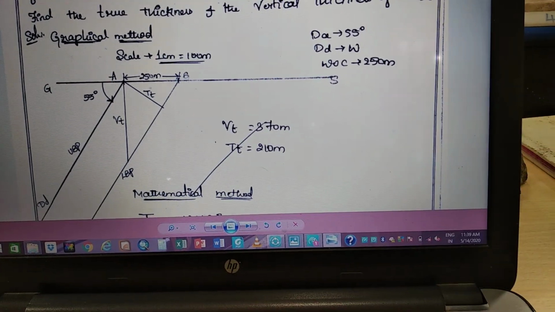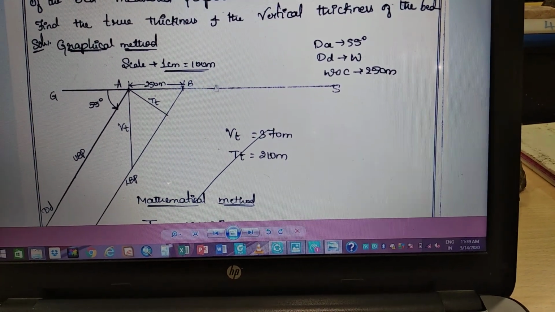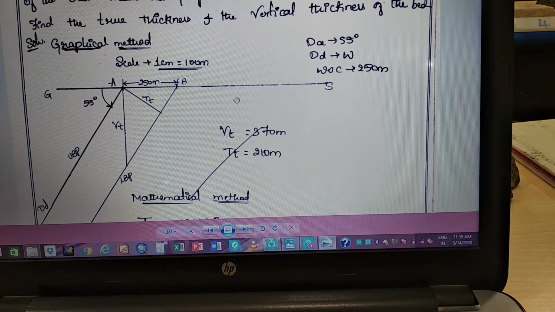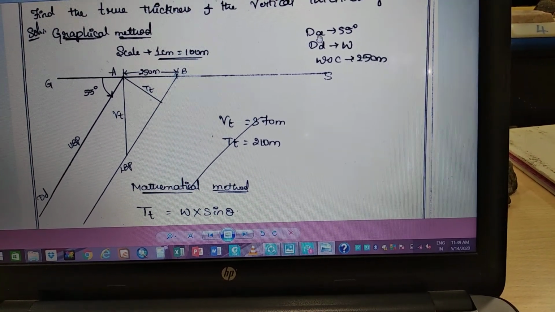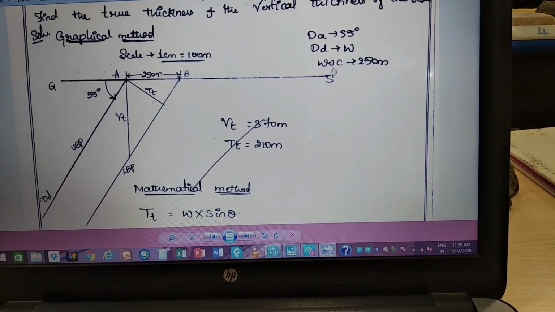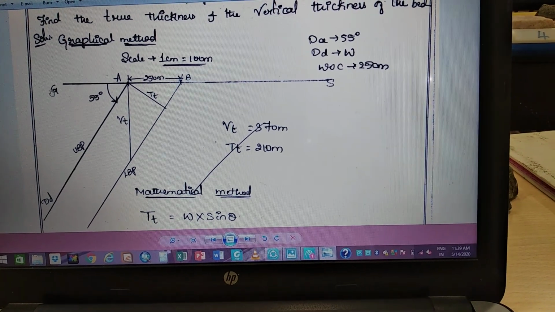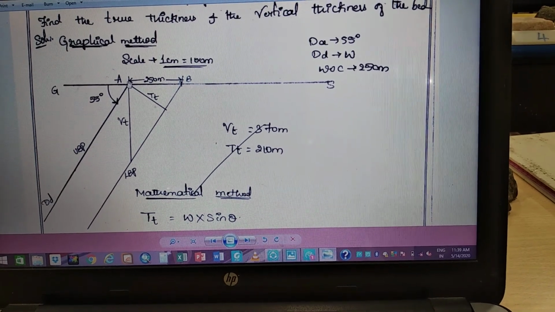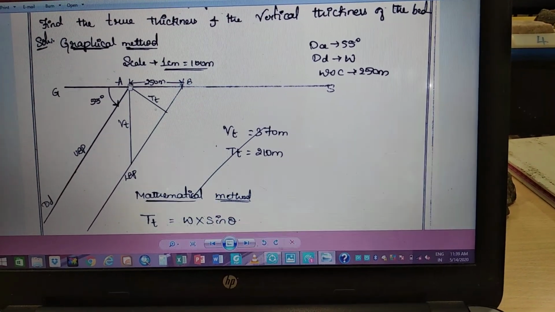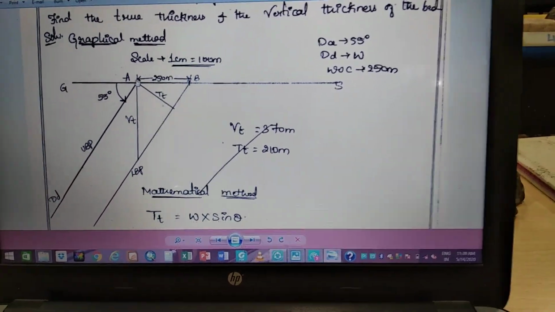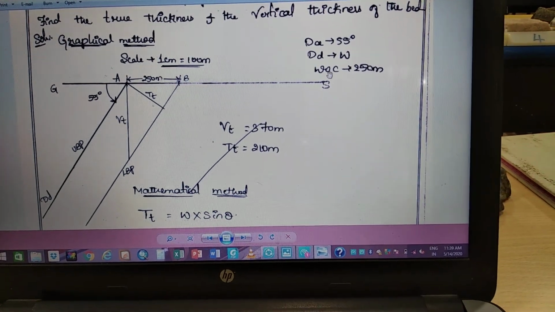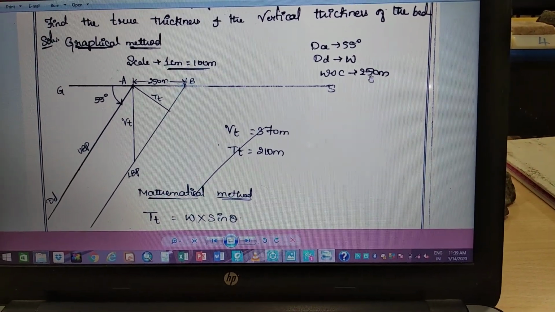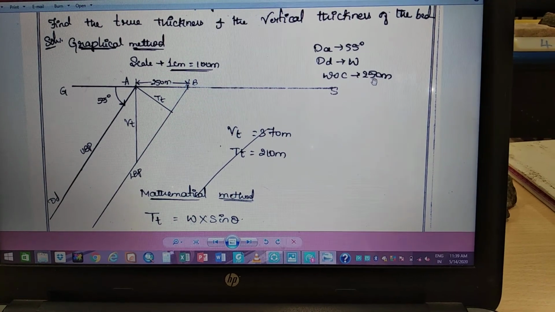Now here we need to draw the ground surface first, given the dip amount, dip direction, and width of the outcrop. First draw the ground surface and mark the point A. Then we know the width of the outcrop, WOC, is 250 meters.